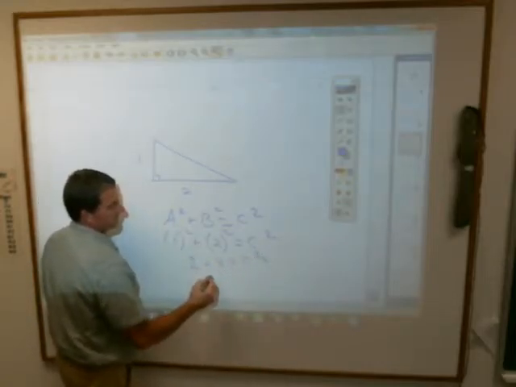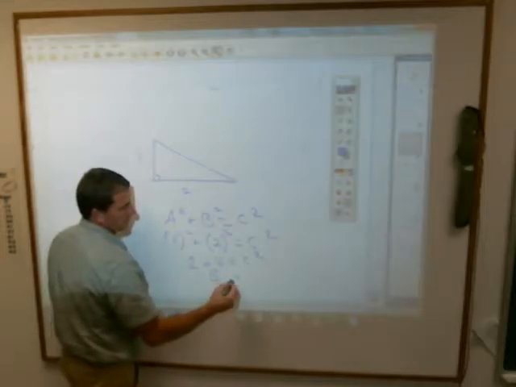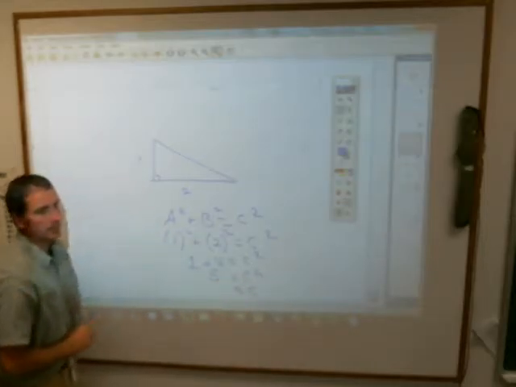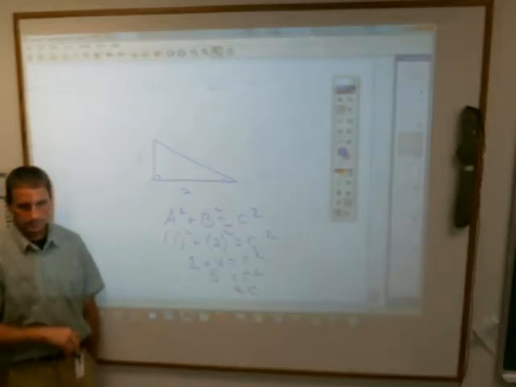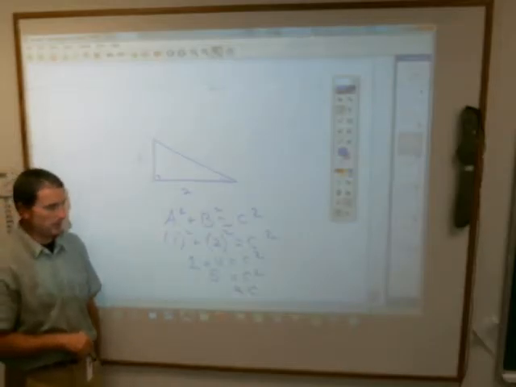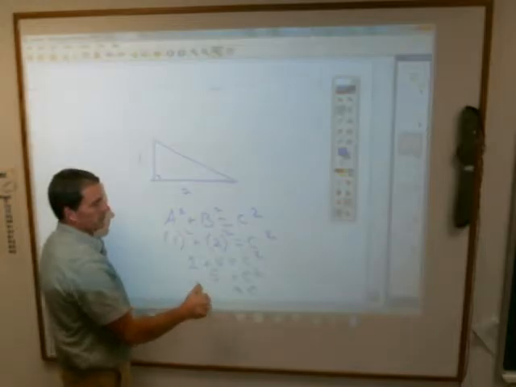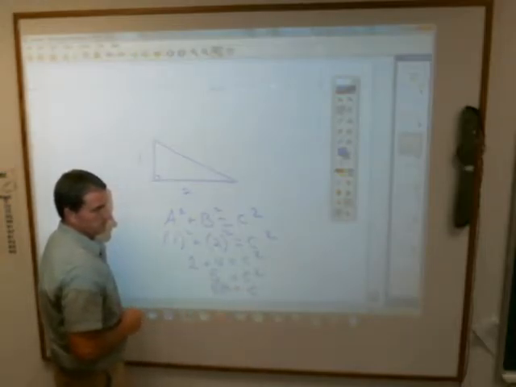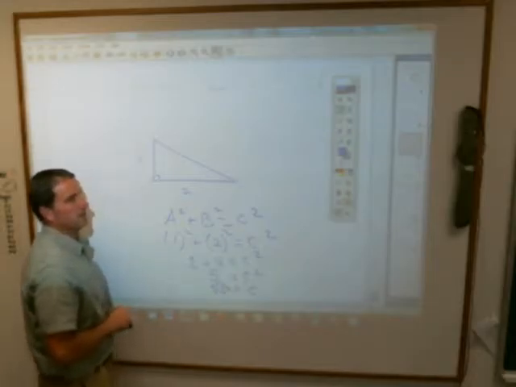Then 1 plus 4 is 5 equals C squared. C equals the square root of 5. Just know that's what it is. If you have something squared equal to a number, that something equals the square root of that number. We'll do this 1,000 times.